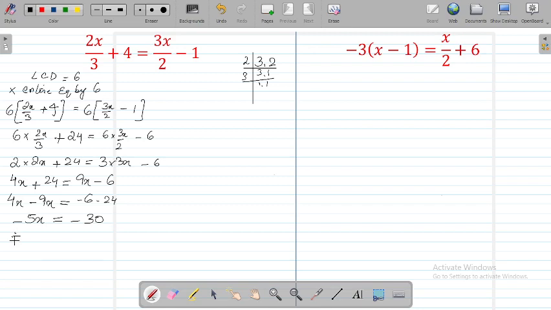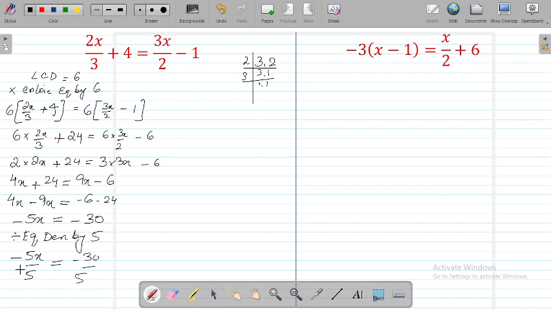Because we are interested in the value of x, divide the equation by 5. So we'll get minus 5x upon 5 is equal to minus 30 upon 5.